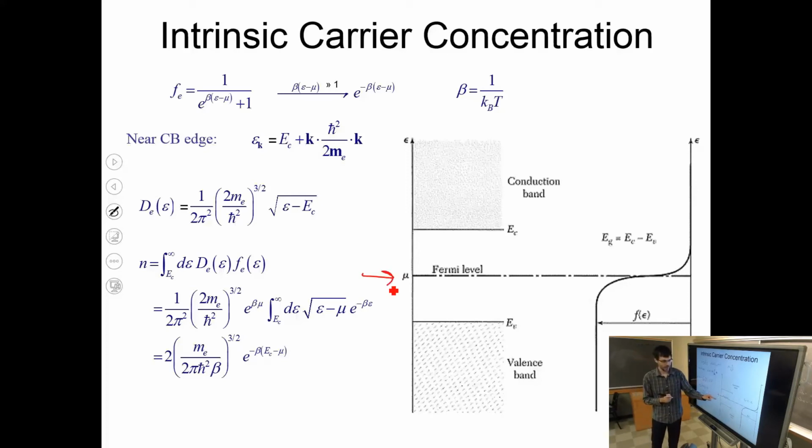Because to add one electron, you have to cross the gap, and you also create a hole with energy at the top of the valence band, and an electron at the energy of the bottom of the conduction band. So you create two particles, and one will have the energy E gap, and one will have energy 0. So the medium of the two energies will be here. So the chemical potential is in the middle of the gap for an intrinsic material.